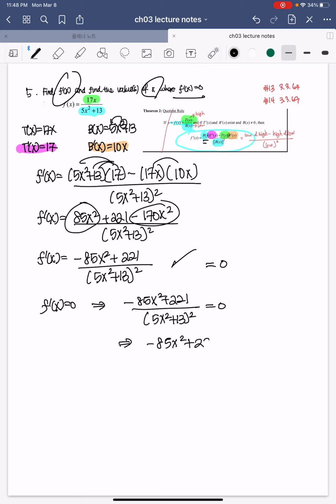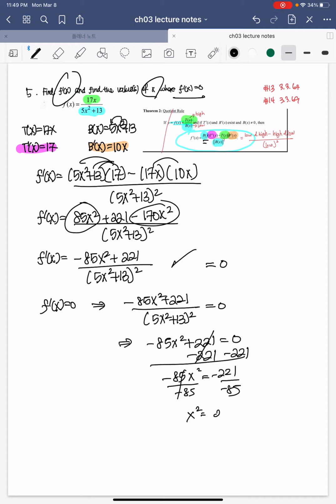So I'm really looking for the numerator to equal 0. When is that going to happen? Well, let's solve. Subtract 221 from both sides: negative 85x squared equals negative 221. Divide by negative 85, and I'm going to have x squared equal to 221 divided by 85.